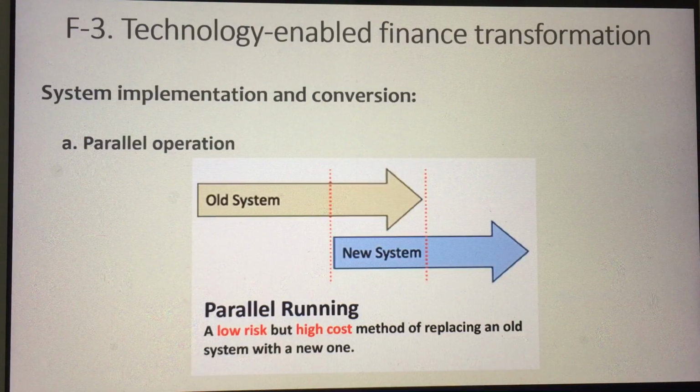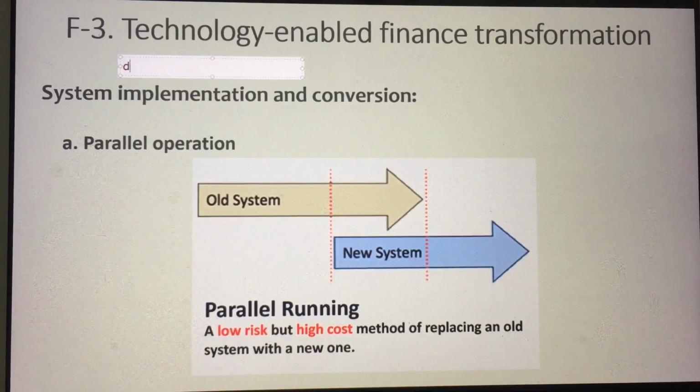Now, deployment and implementation are the same thing. Okay, huwag po kayong malilito. Again, marami tayong ginagamit na terminologies here in our CMA. Deployment or implementation is the same thing.